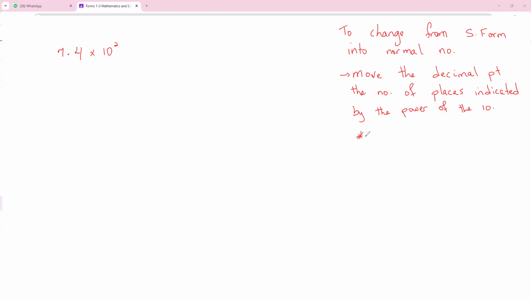So remember, there's a condition. If positive, we move to the right. If negative, we move to the left. And that's it.